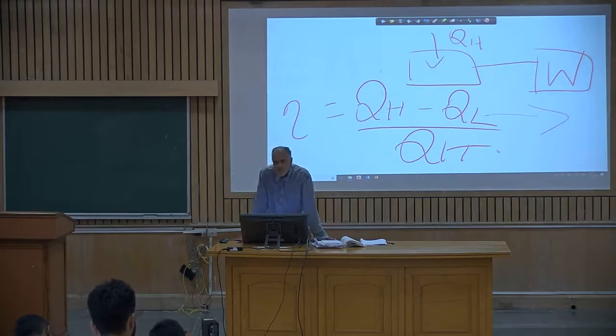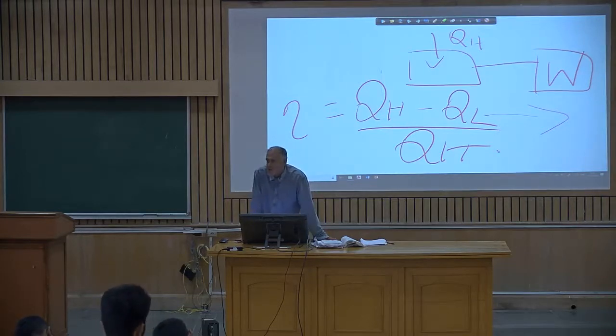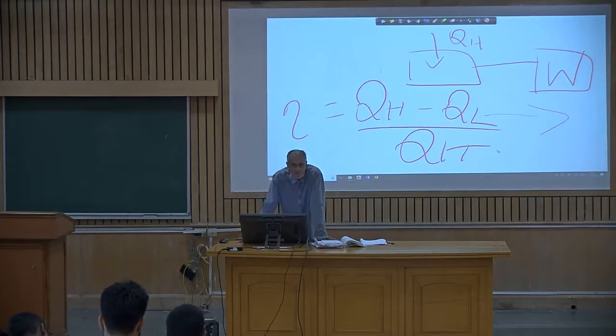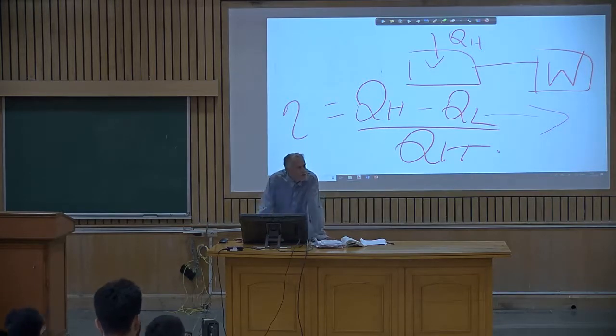That's a simple definition. You have to do work. So what is the Clausius statement? That without doing work, you cannot do that. You cannot simply sit and pray in front of the refrigerator and say, suck the heat out from the refrigerated space. That will not happen. It will happen only if you do work. In the first case, you need heat to do work. In the second case, you need to do work to remove heat.